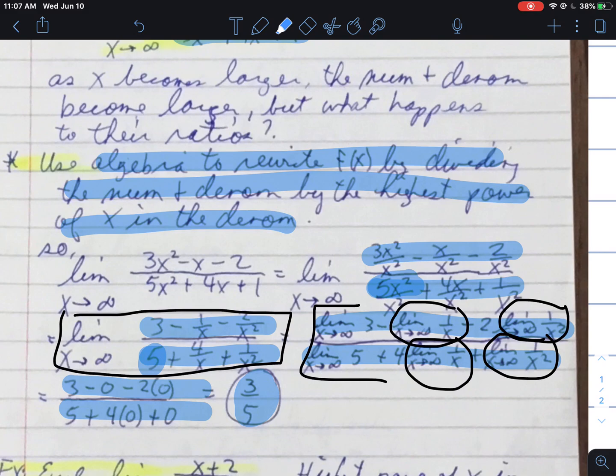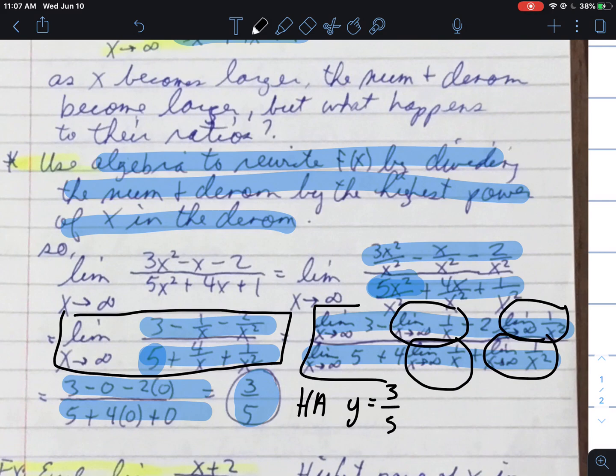And since that is the value of our limit at infinity, then what does that tell me graphically? That tells me that this function has a horizontal asymptote whose equation would be y equals 3/5.